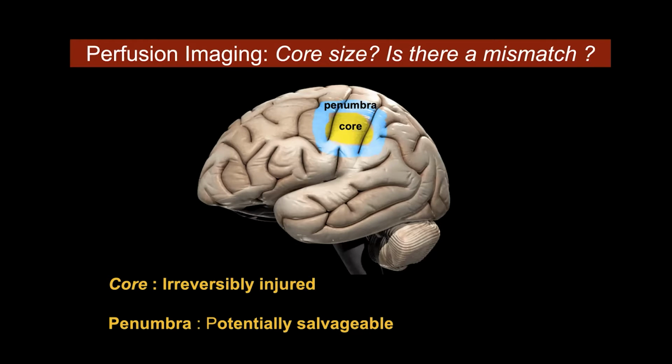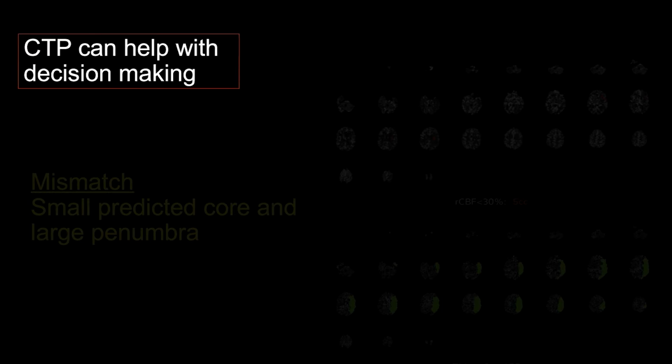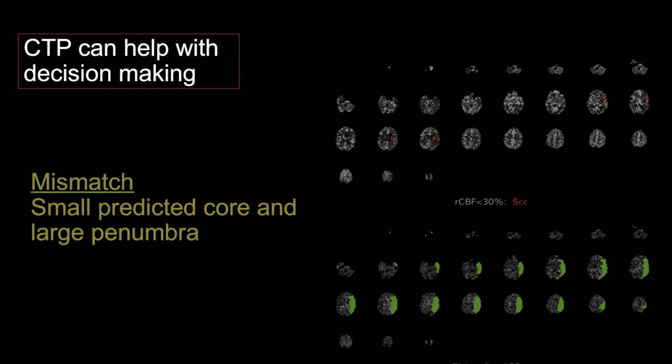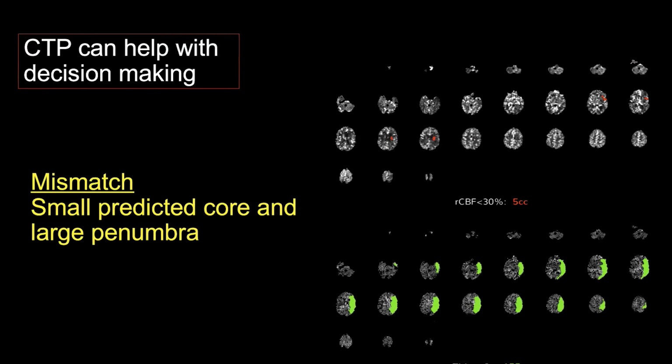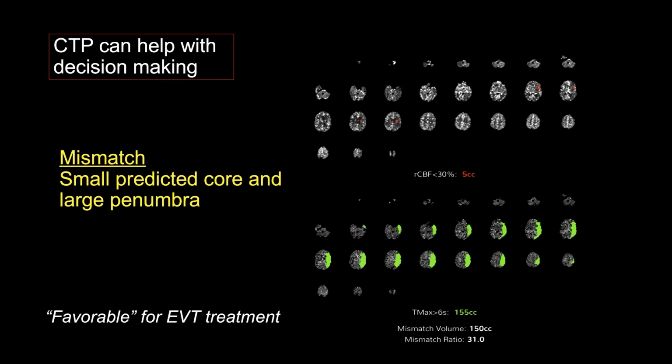This is where the perfusion imaging can be very helpful. We also know that CT perfusion can help us with decision making. You and I have seen many of these cases in our practice now. Here is one case. This is an example of a mismatch. What I'm seeing over here is a small predicted core, that little red zone, which measures 5 cc, using a relative CBF threshold of less than 30%.